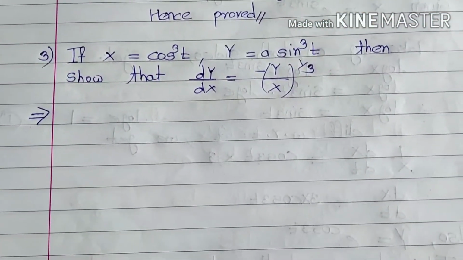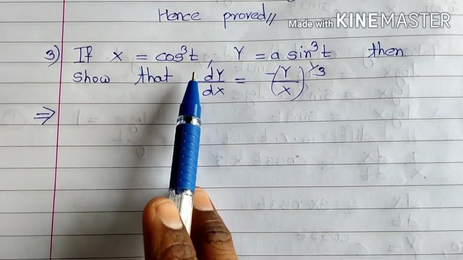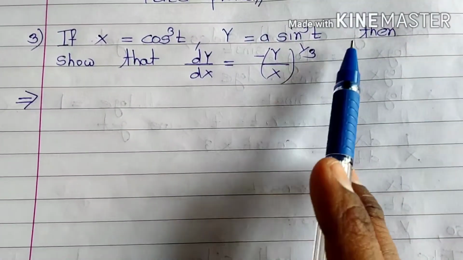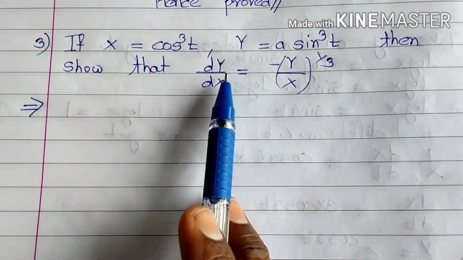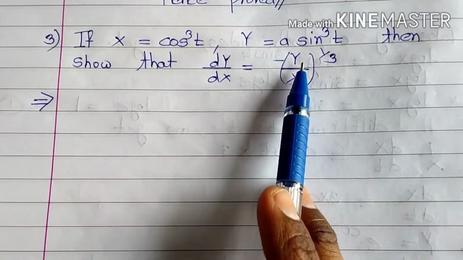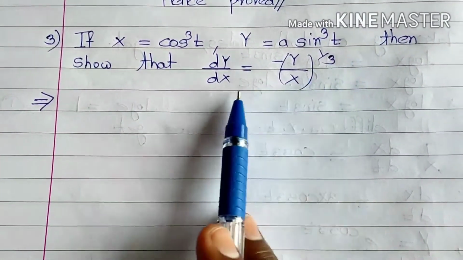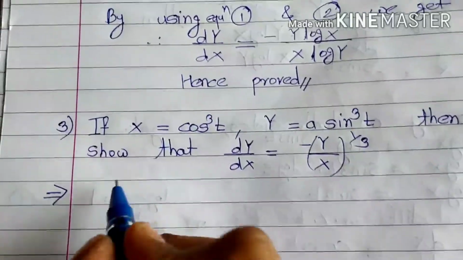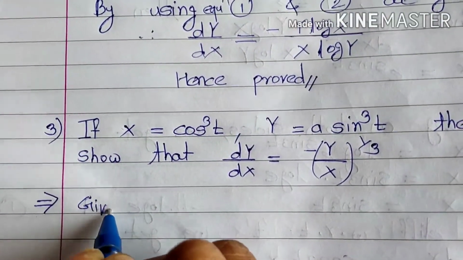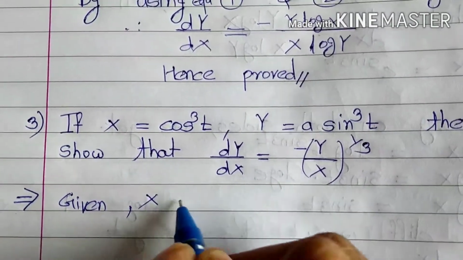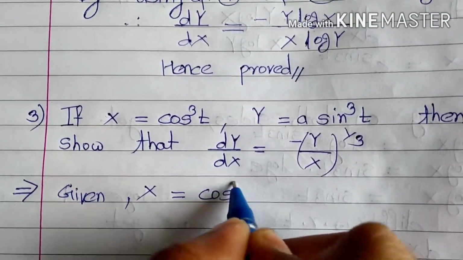Now the next example is, if x is equal to a cos cube t and y is equal to a sin cube t, then show that dy by dx is equal to minus y upon x raised to 1 by 3. Given x is equal to a cos cube t.